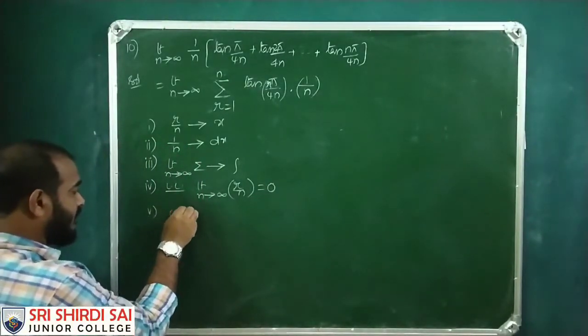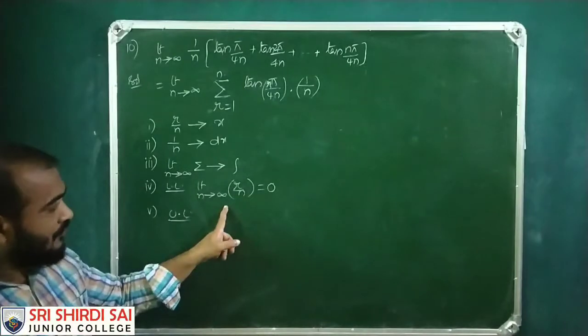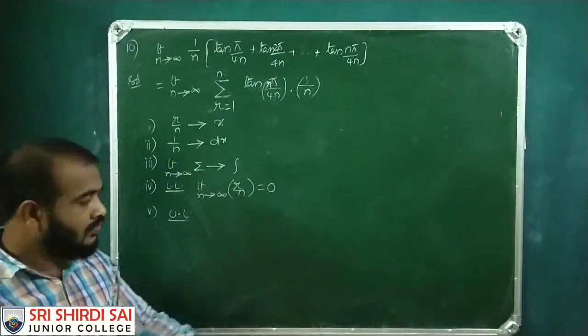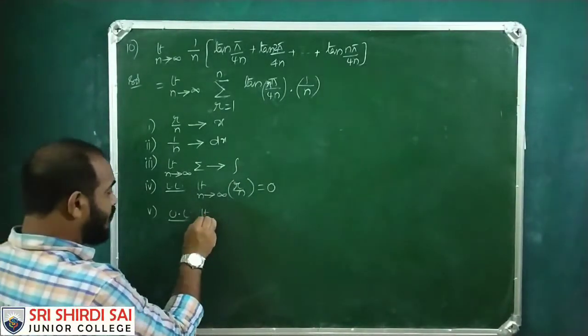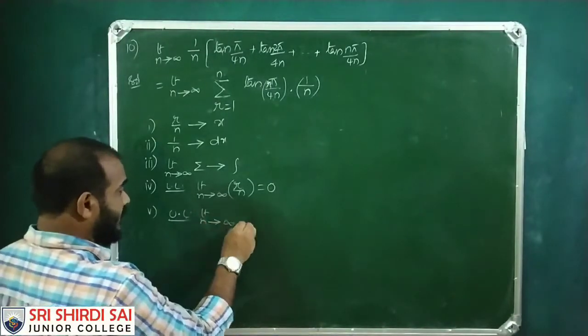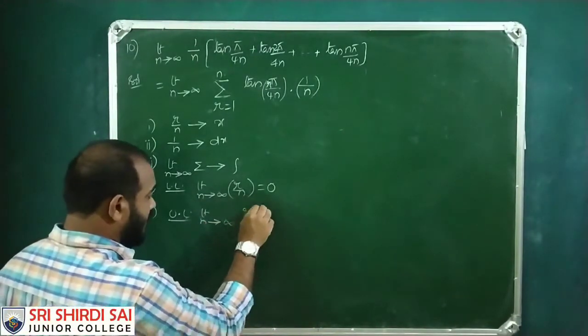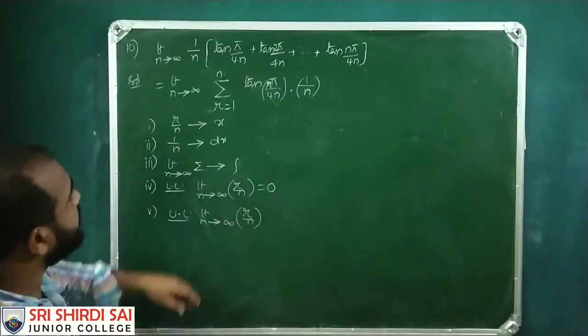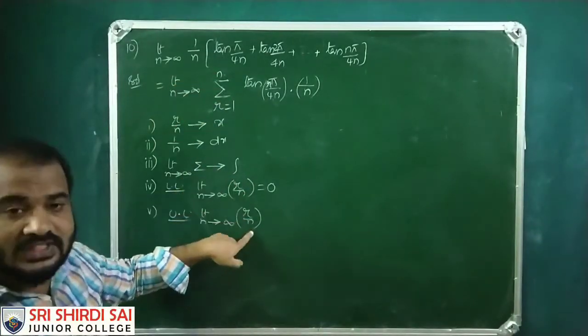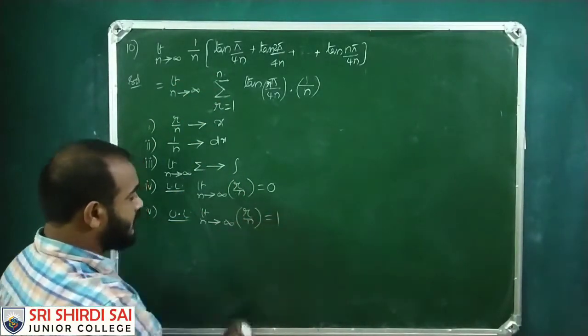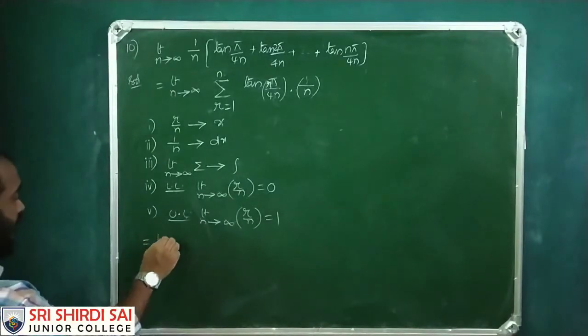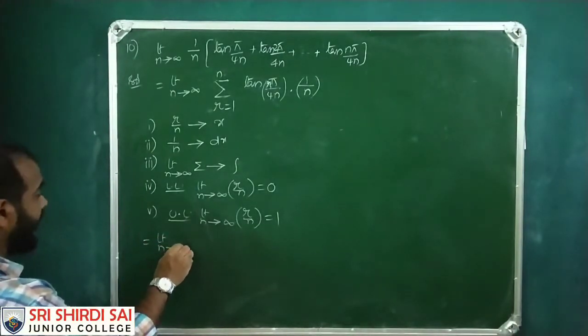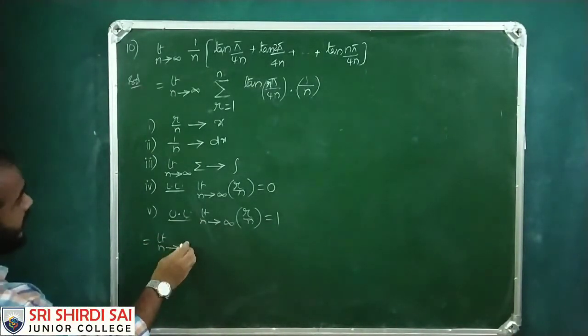Upper limit is, as n tends to infinity, 1 by n tends to 0. So limit n tends to infinity r by n. So this time r value is this n by n, which is 1.